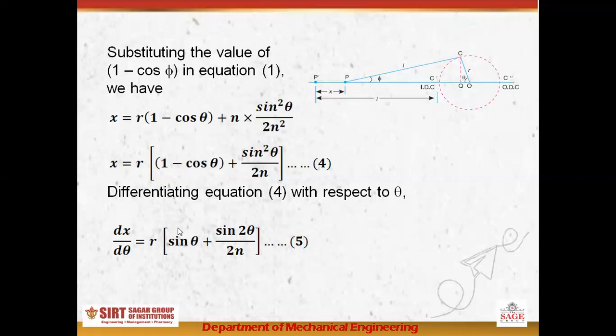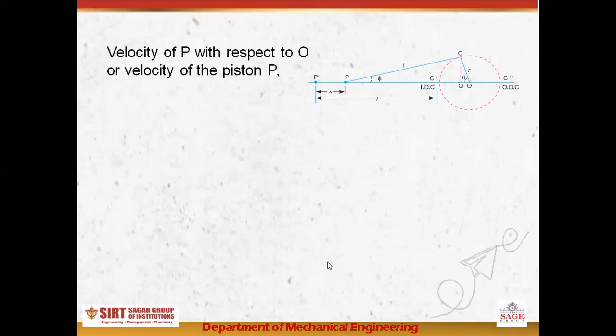The minus minus gives plus sin theta, plus the differentiation of sin square theta, which is sin 2 theta, divided by the constant 2n. So this is dx upon d theta, equation number 5.